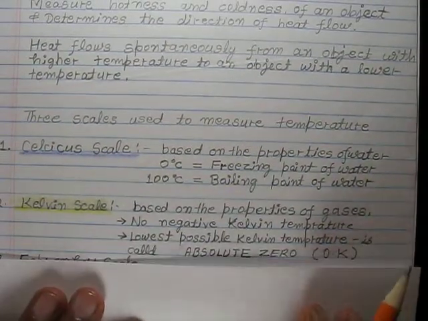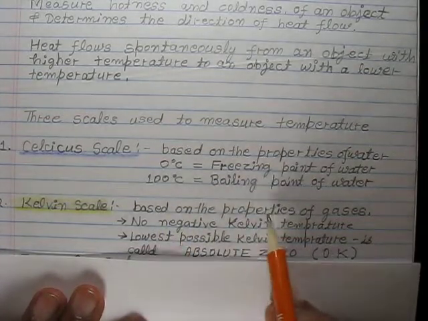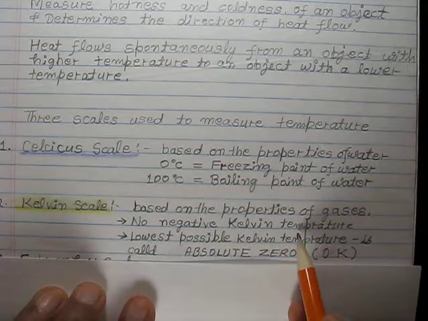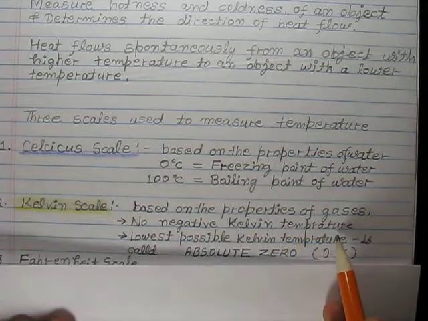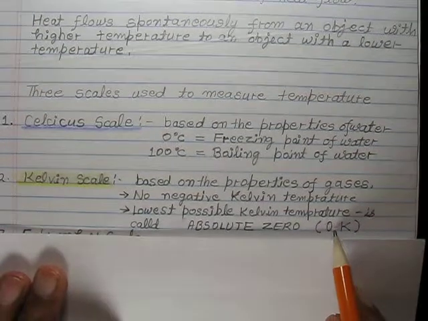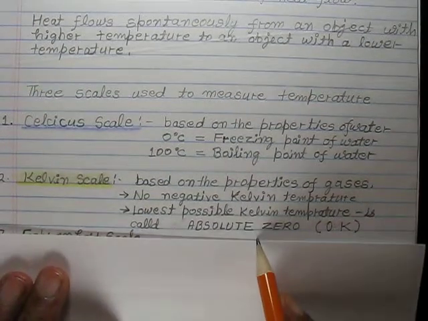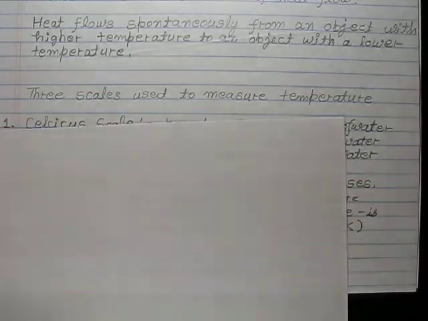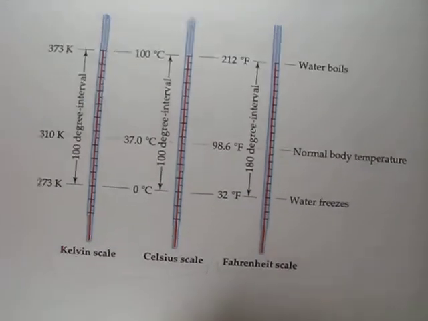And Kelvin is based on the properties of gases, and there is no negative value in the Kelvin temperature. The lowest possible Kelvin temperature is absolute 0, which is 0 Kelvin.